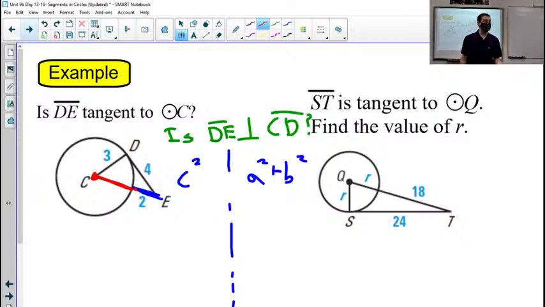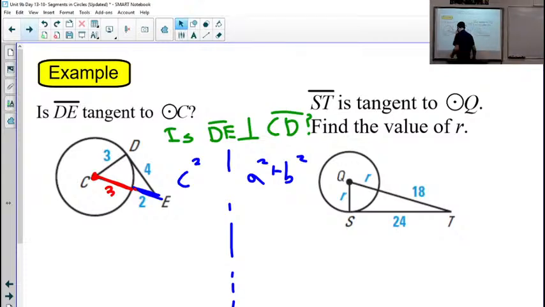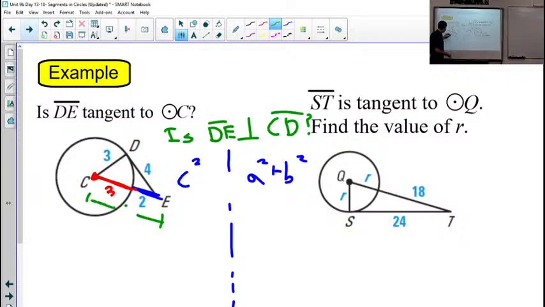It's guaranteeing that the distance from the center out to any point on the circle is going to be the same. There's another radius somewhere else, and so it's going to match this radius here, which is 3. So that radius right there is 3. This outer piece over here is 2. So the entire thing is going to be 5.